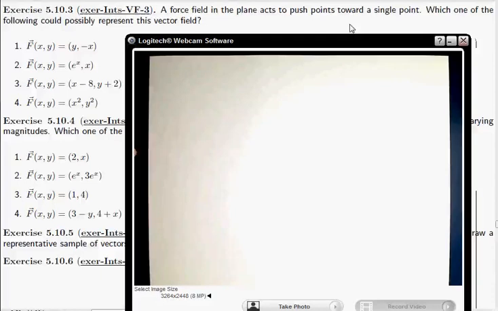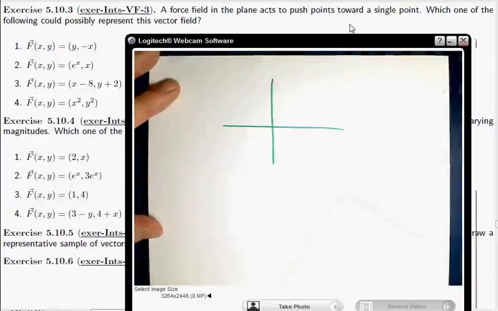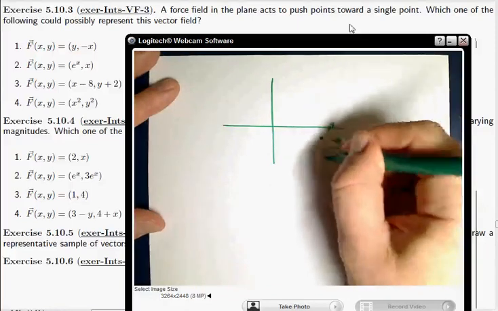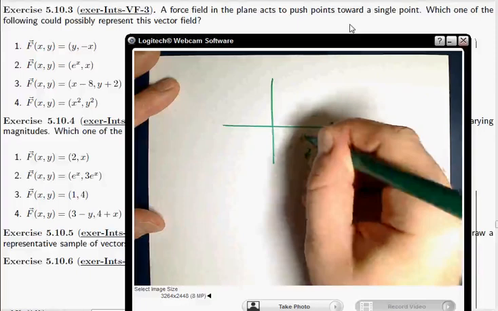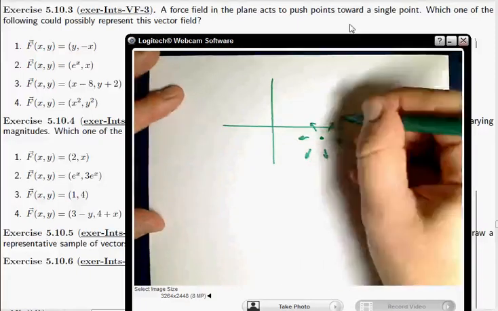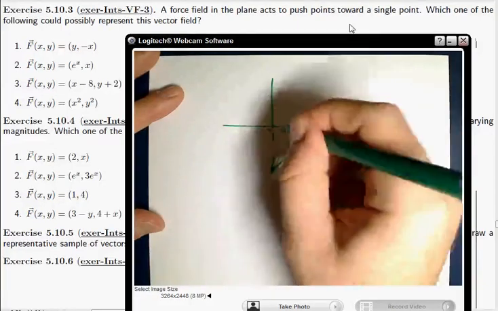My mistake. So you're right. You get 0, 0 when x is 8 and y is negative 2. And all these things are pointing away. I just got my signs confused there. Sorry about that. So they all point away.